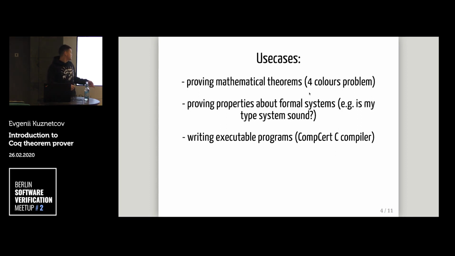The third use case is quite rare but still exists. You can actually write executable programs. You can not only prove something, but you can actually make a binary from it and run it. The most famous example is the CompCert C compiler. Coq is written at the French institute INRIA, and this C compiler CompCert is written at INRIA as well.